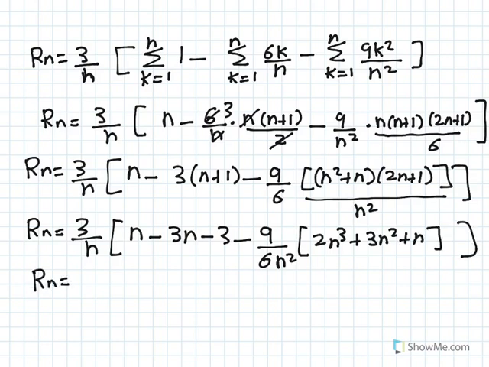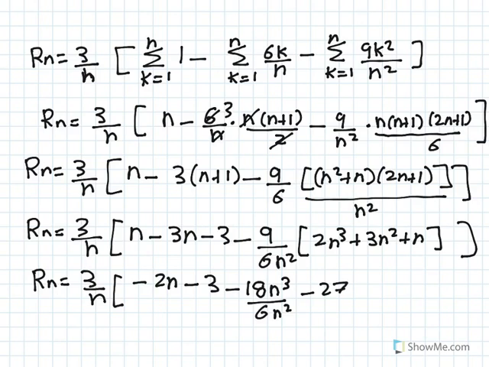Rn is equal to 3 over n times n minus 3n, that's minus 2n, minus 3, minus 18 n cubed over 6n squared, minus 27 n squared over 6n squared, minus 9n over 6n squared. And all of this is multiplied by 3 over n.